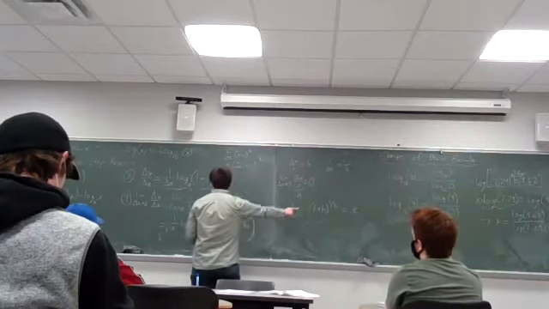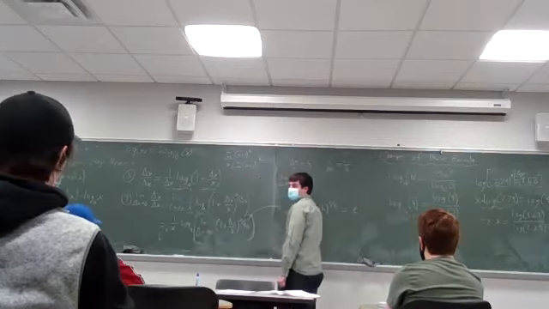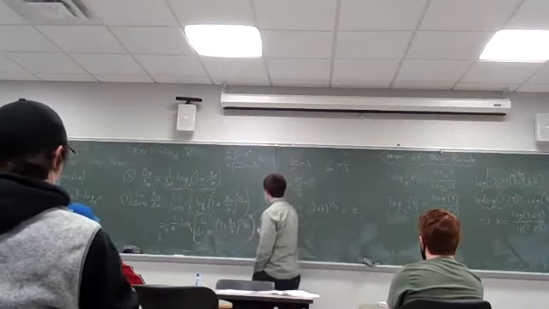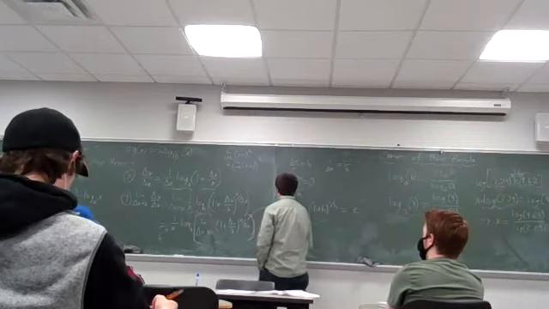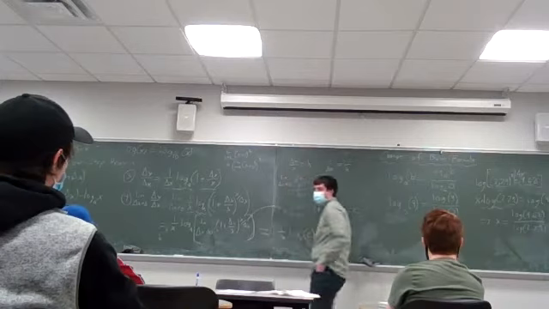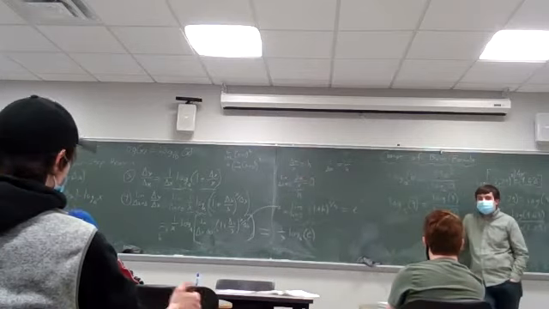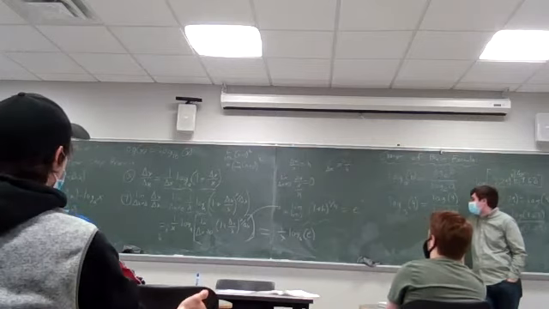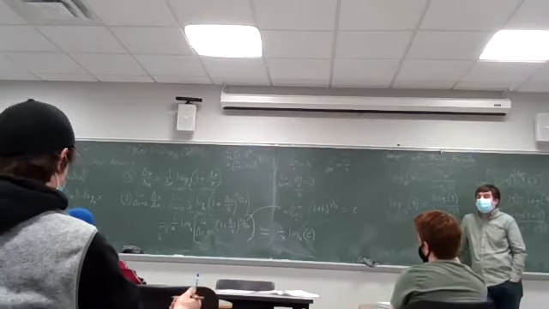Okay. So with that being said, this thing in here is just e. Nice. So this whole expression ends up being 1 over x times log base a of e. There you go. So I'm basically just taking 1 over x and multiplying by a number, right?